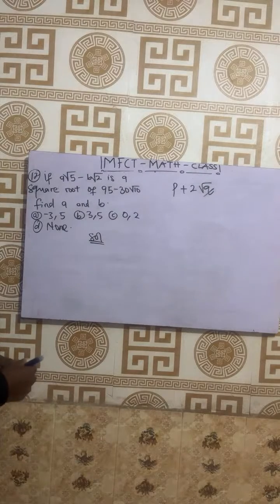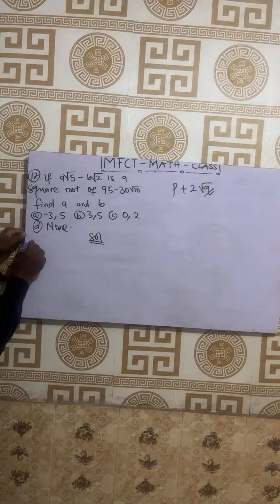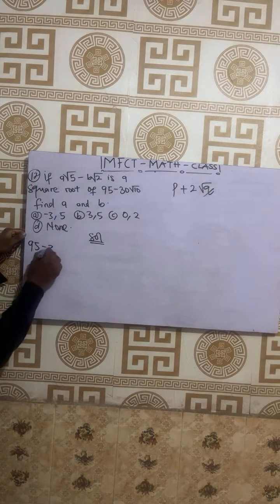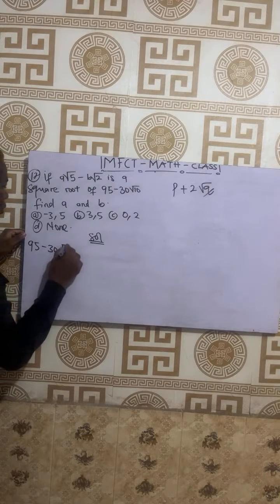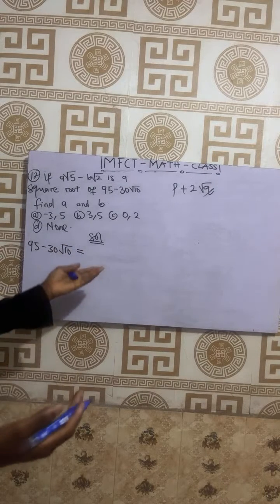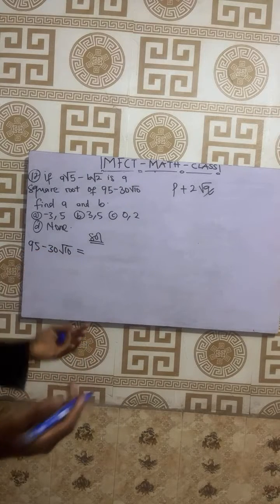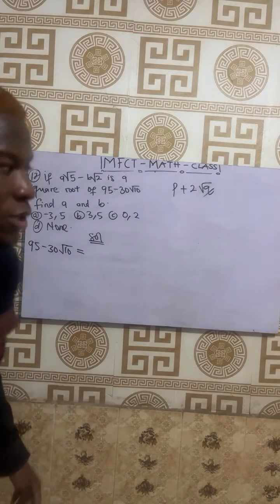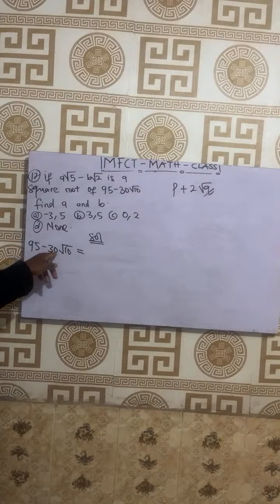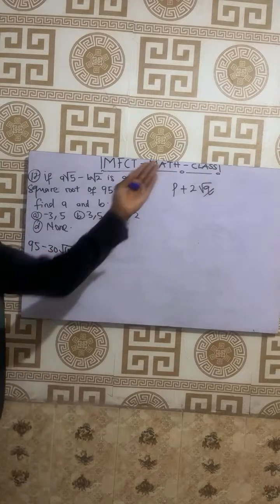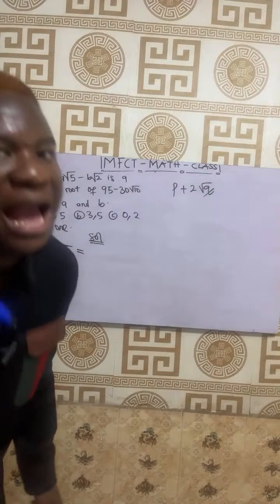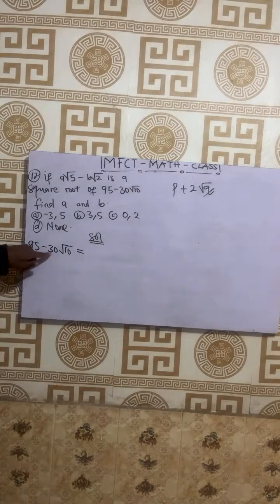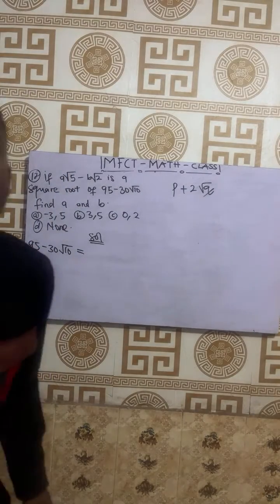So guys, let's do this. The question is 95 minus 30 root 10. So I can't use the trick directly, because the coefficient of the root is 30, not 2. But I can convert this coefficient to 2.